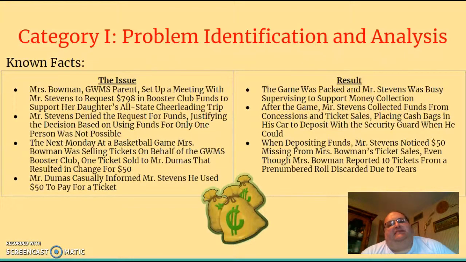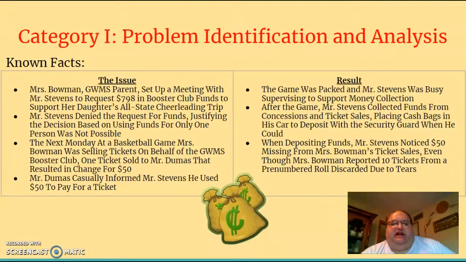Some additional facts that may or may not have already been mentioned: Mrs. Bowman had set up a meeting with Mr. Stevens to request $798 in booster club funds to help support her daughter's cheerleading trip to New York. Her daughter qualified for the all-state cheerleading parade, and the family is not able to fundraise that money at this time, so she was hoping the school would help.